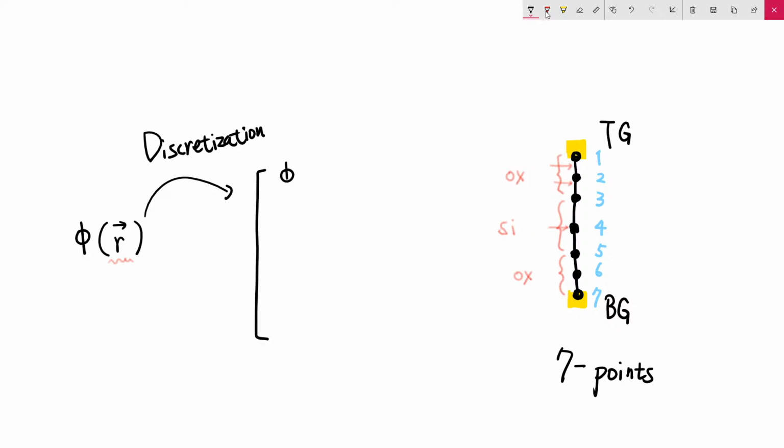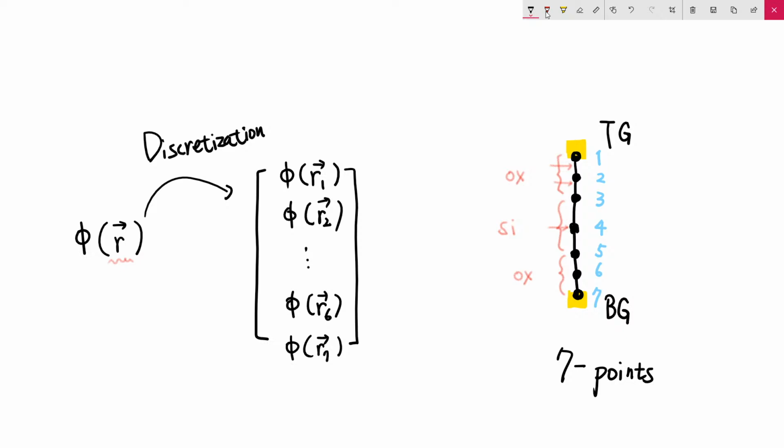we will just introduce something like this: the sampled value of phi at R1, R2, up to the sampled value at R6 and R7.